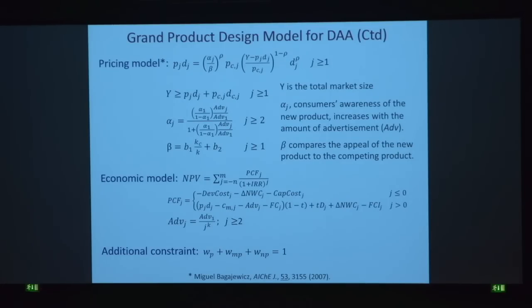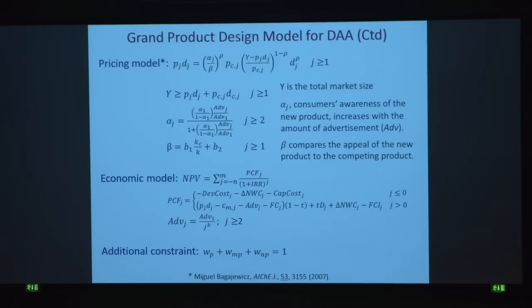For the pricing model, we look at the total market size and the competitors' product. Alpha, in the equation, reflects the consumers' awareness of the new product. You know, if you sell something, you have to let them know. And it would correlate with the marketing effort that we put in terms of advertisement.